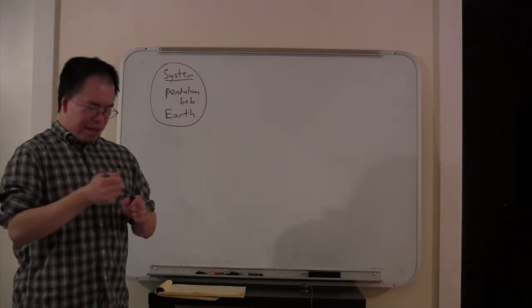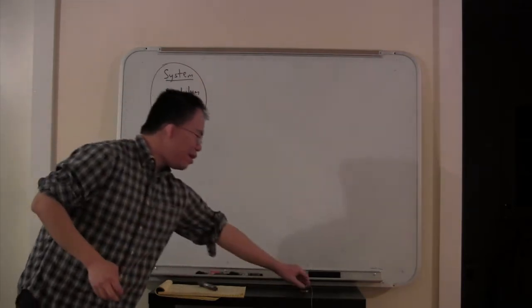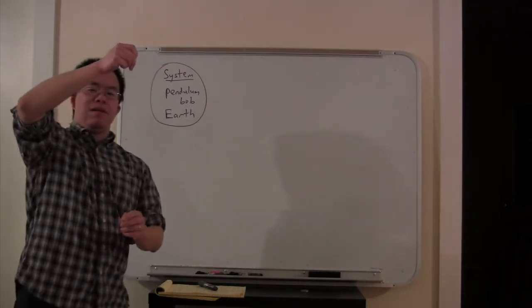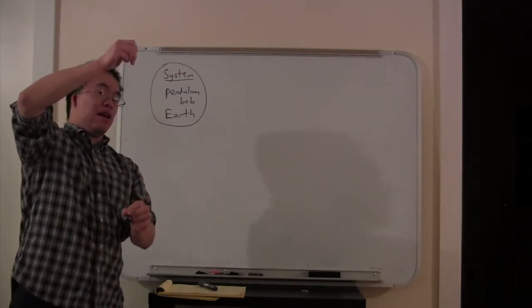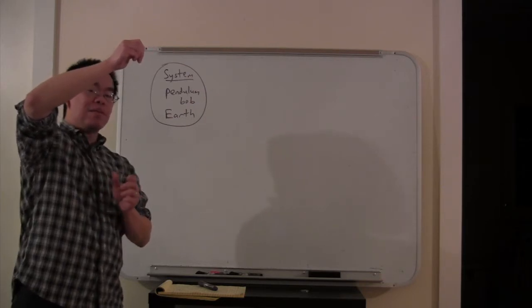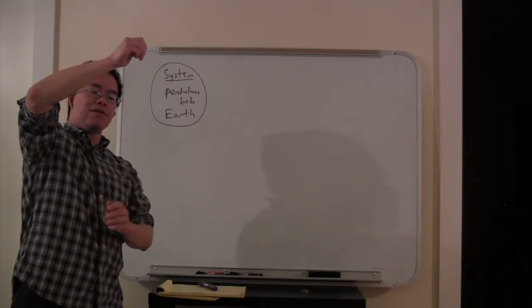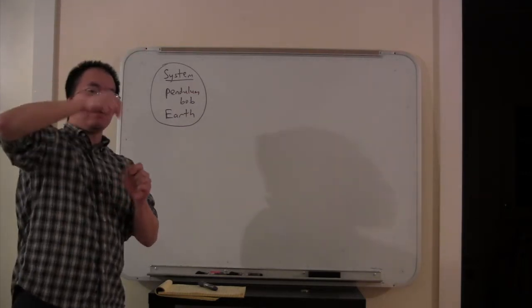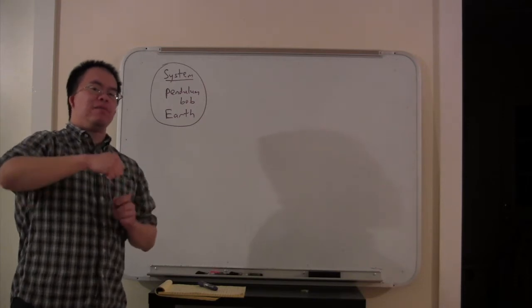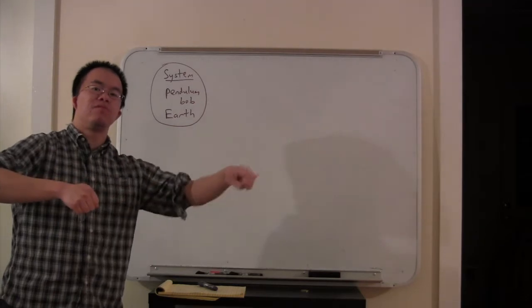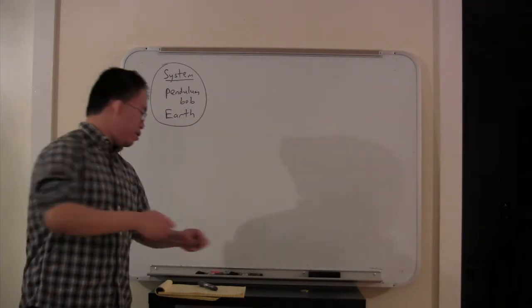So we do need to think carefully about this. If I'm defining the system this way, the string here is outside the system. However, if we think about what's going on carefully, the tension force exerted by my string is always going to be perpendicular to the motion of my pendulum, which is moving in a circular arc.